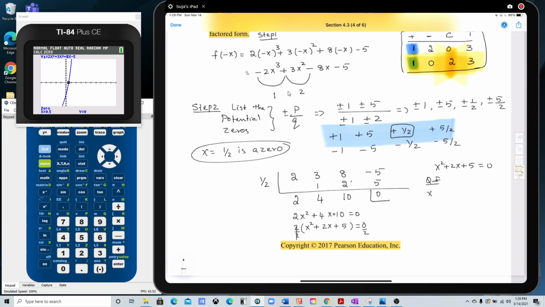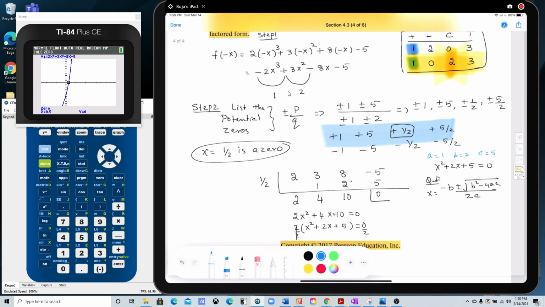The quadratic formula is x equals negative b plus or minus the square root of b squared minus 4ac, over 2a. Now a in this case is 1. Again, a is 1, b is 2, and c is 5.